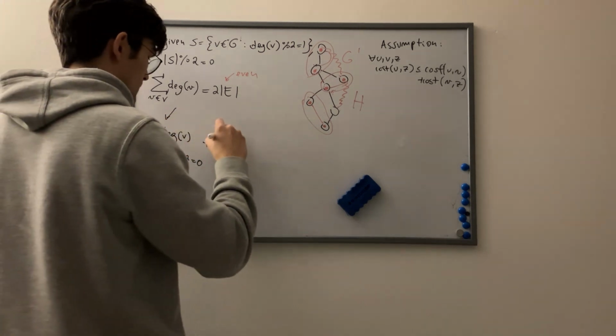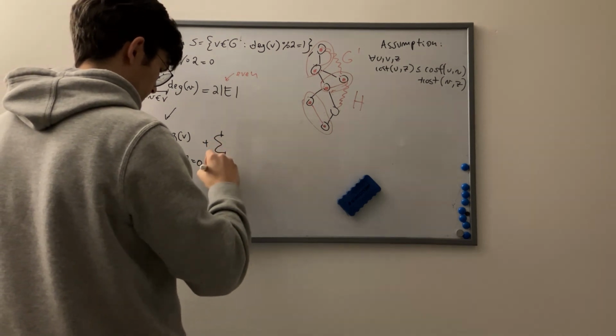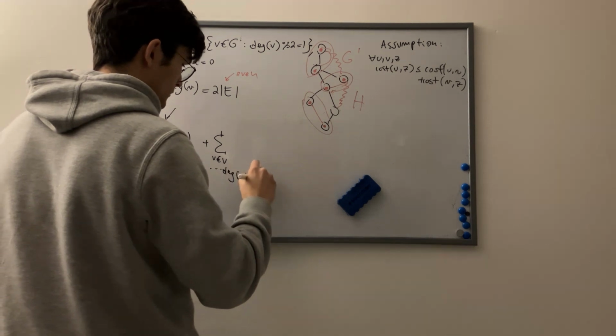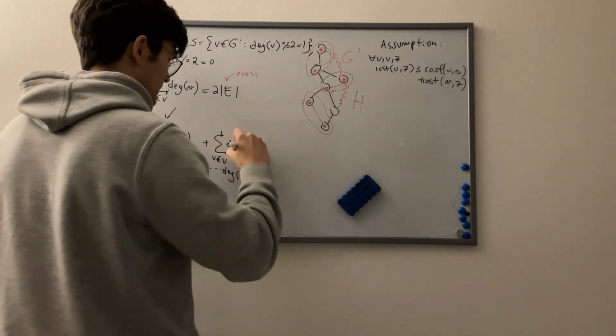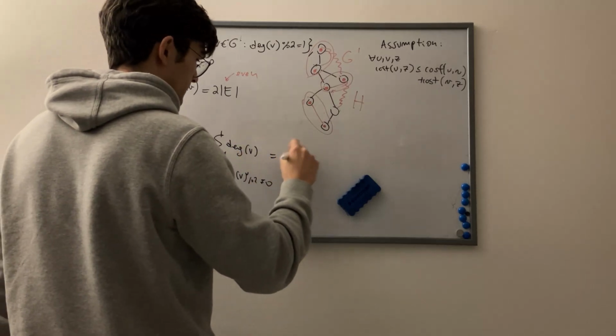And we do the same for the nodes with an odd degree, where the degree of V modulo 2 this time is different from 0, and we still sum the degree of V. We know that this whole thing is an even number.